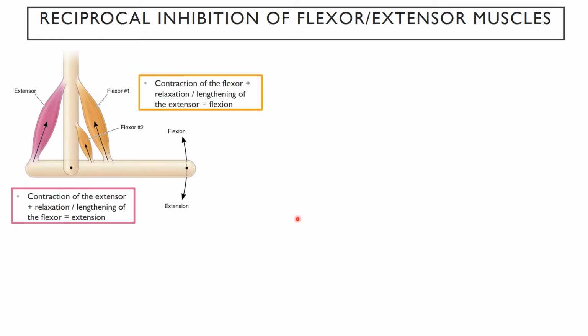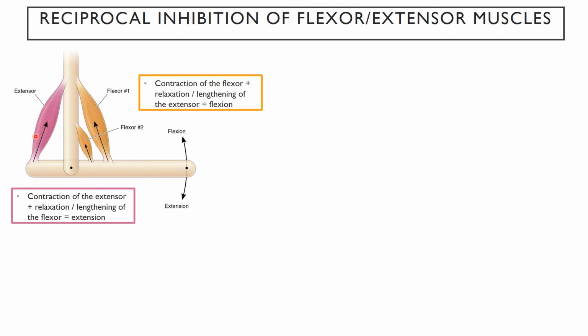Muscles work in pairs, and this is especially true at joints. This is a very simplified schematic of a joint. Imagine this being the elbow. You'll have pairs of muscles, and in a joint, it's referred to as an extensor or a flexor.